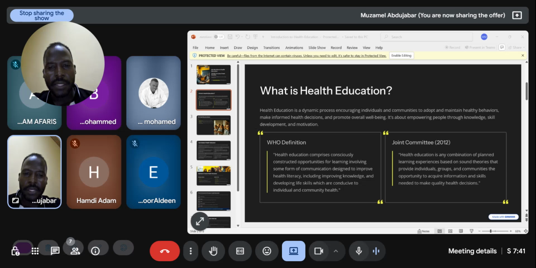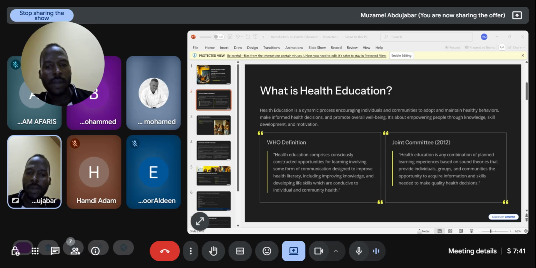They mentioned health education comprises constructed opportunities for learning involving some form of communication designed to improve health literacy, including improving knowledge and developing life skills, which is conducive to the individual and the community.